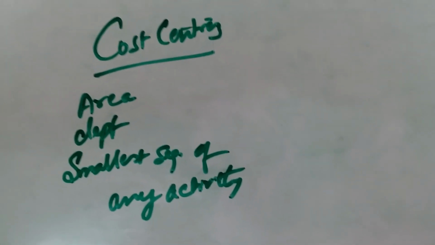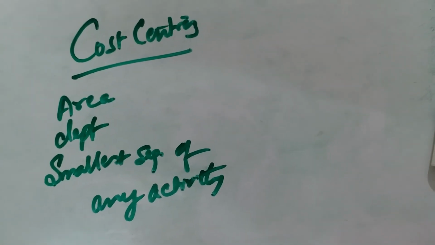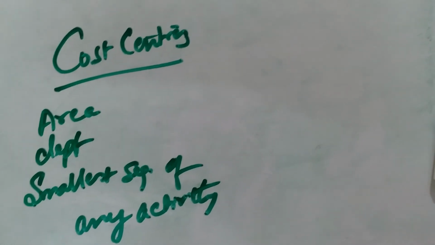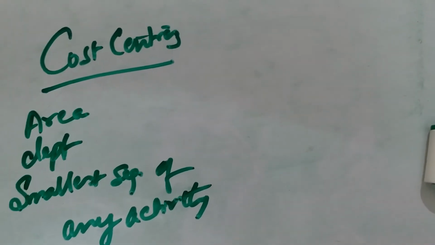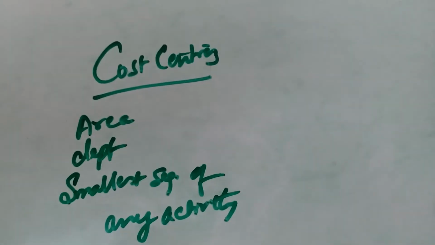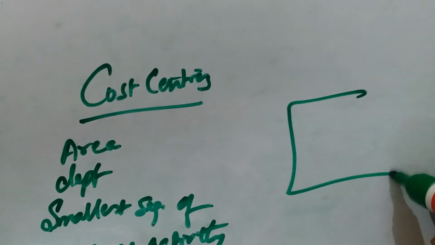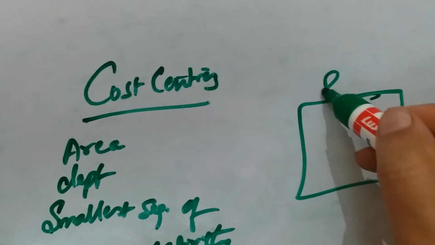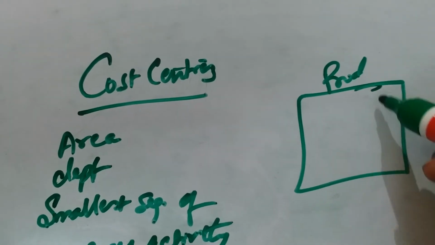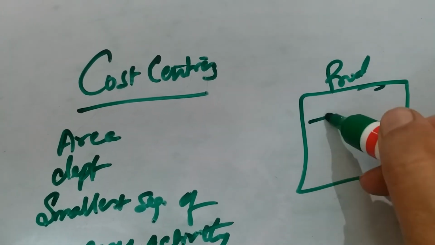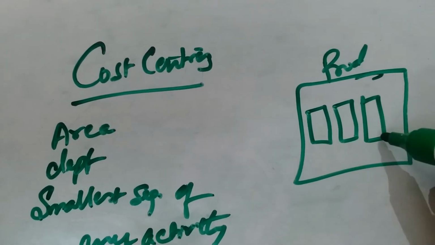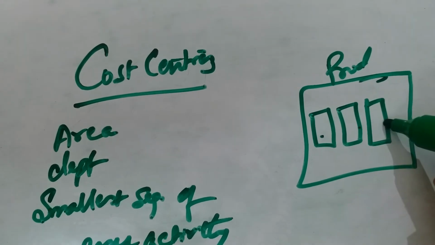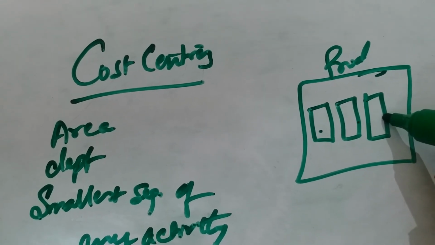So cost centers can be sub departments. A sub department within a department can be a cost center also. Now let's say we are talking about a main department, the production department. This is a cost center. In the production department, we are producing three main products, so they can again be cost centers for us.